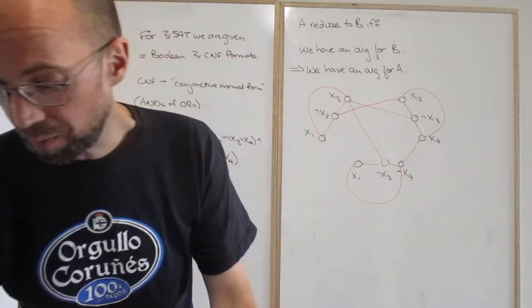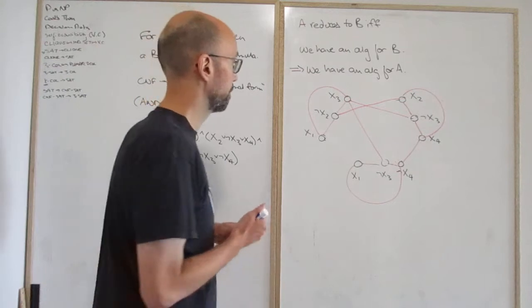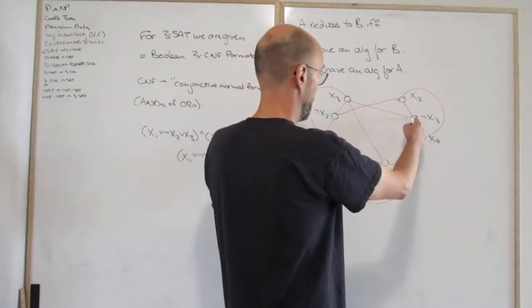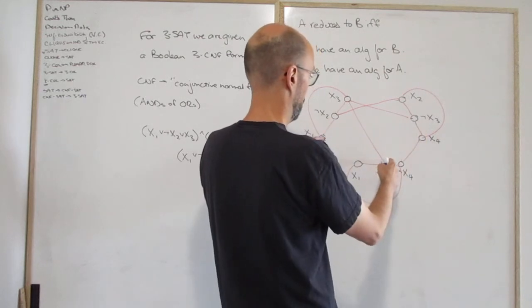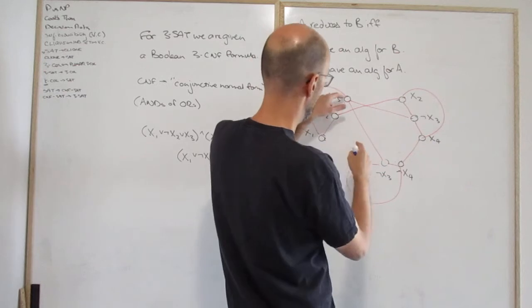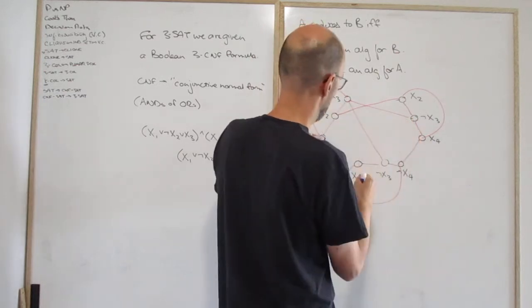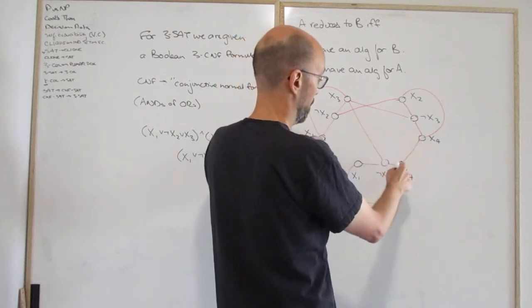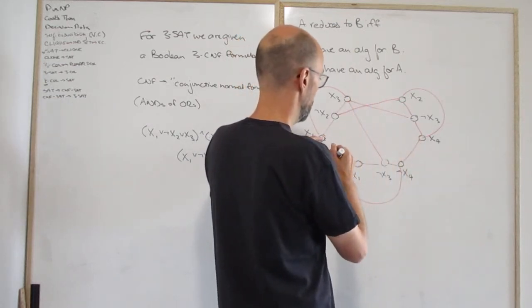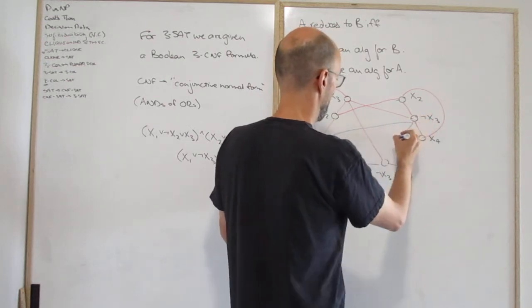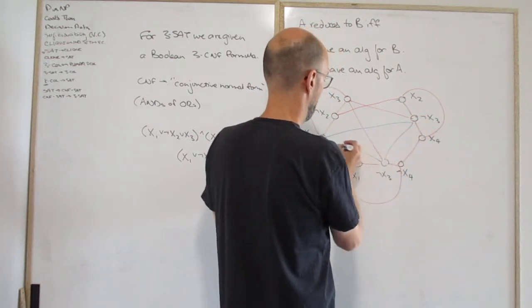So I'm going to do this in blue. For example, if I choose this x3, then I can't actually choose this one and this one because there's a red edge. I couldn't choose this one and x4 and not x4. But I can choose x1 and not x3 and not x3 and x1.